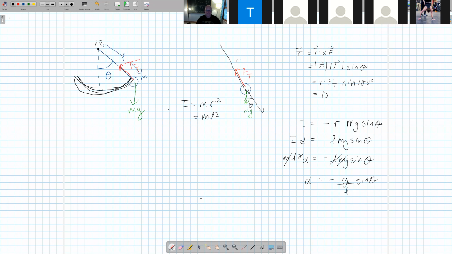So as long as we're dealing with small angles, meaning that our angle is much, much less than, say, 90 degrees, sine of the angle is approximately the same thing as the angle. So we're going to write this then as minus g divided by L times the angle.